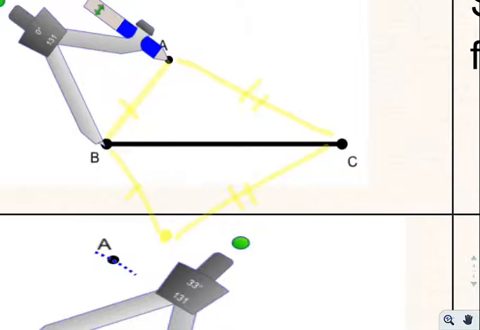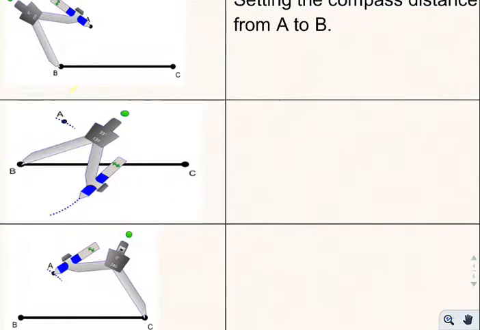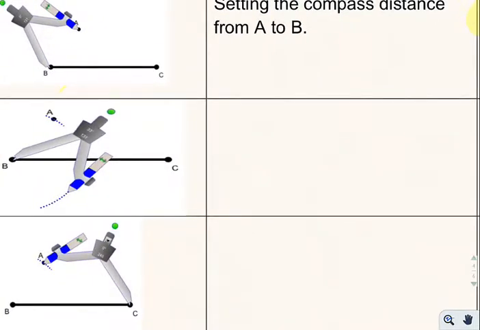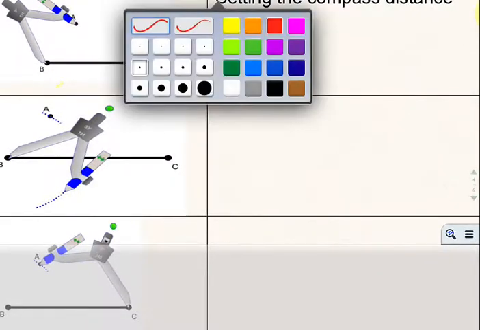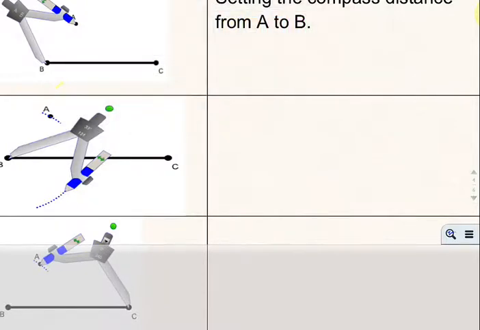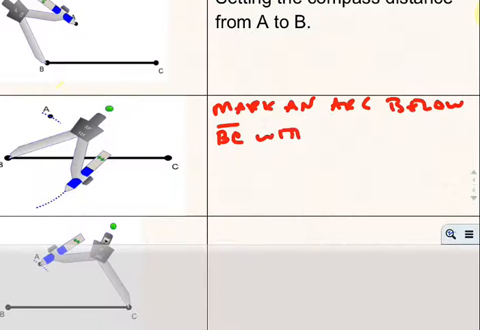So this is kind of the overview. This is what I'm going to try to accomplish in this problem, and this is really that first step in accomplishing this flipping of points. In the second step, I've now cut arcs. The actual thing I do with my compass is mark an arc below BC with the distance BA.